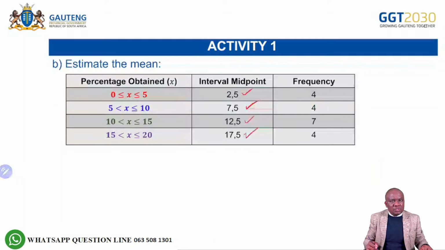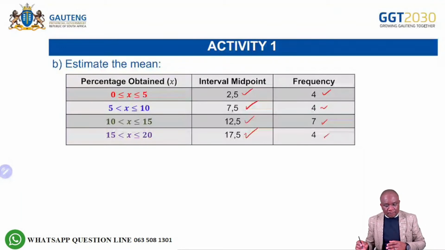And then the frequencies, we have the frequencies here. So now what we have to do, we have to say 2,5 times 4 plus 7,5 times 4 plus 12,5 times 7 plus 17,5 times 4. Or you can have a column where you have the product of the midpoint and the frequencies.